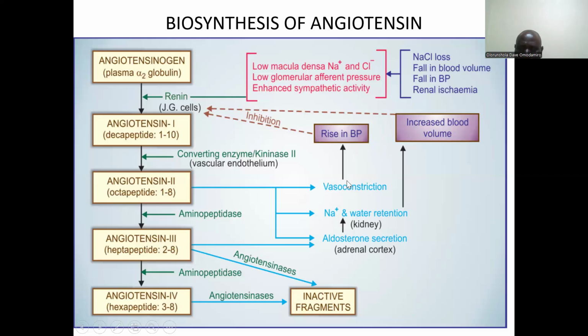And then the constriction of the blood vessels will also lead to a rise in blood pressure because the peripheral resistance will increase, and so angiotensin 2 is highly involved in the increase in blood pressure.